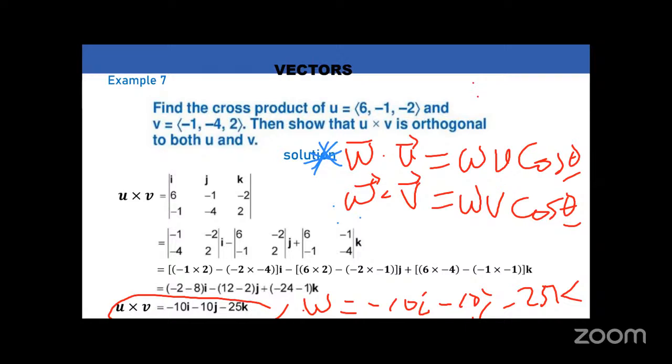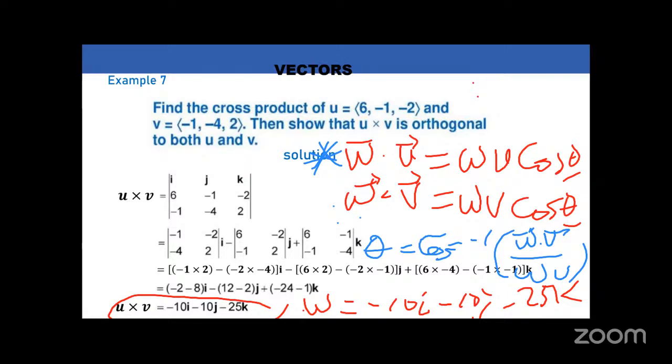Then W means magnitude of W, and U means magnitude of U. So at the end, you are going to set up your equation as theta is equal to inverse cos of W dot U over the magnitude of W times the magnitude of U. You are going to apply the same formula for W dot V.